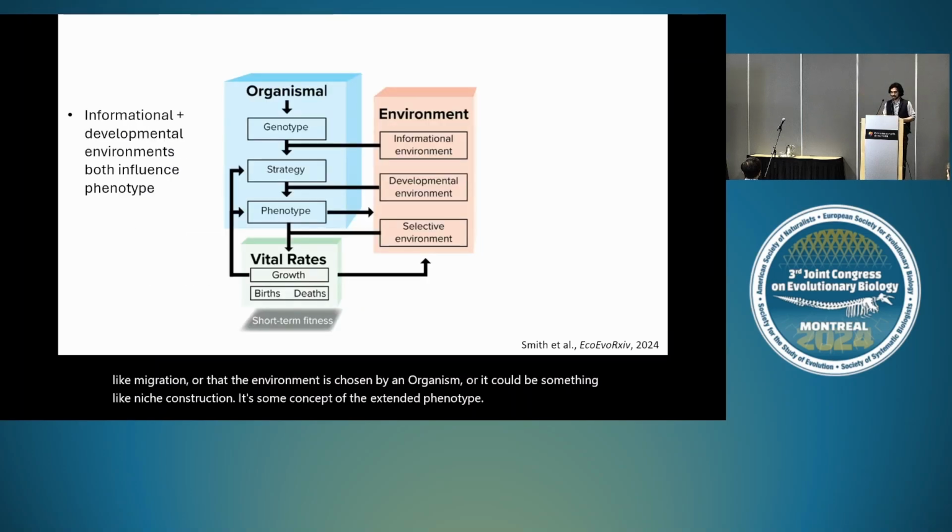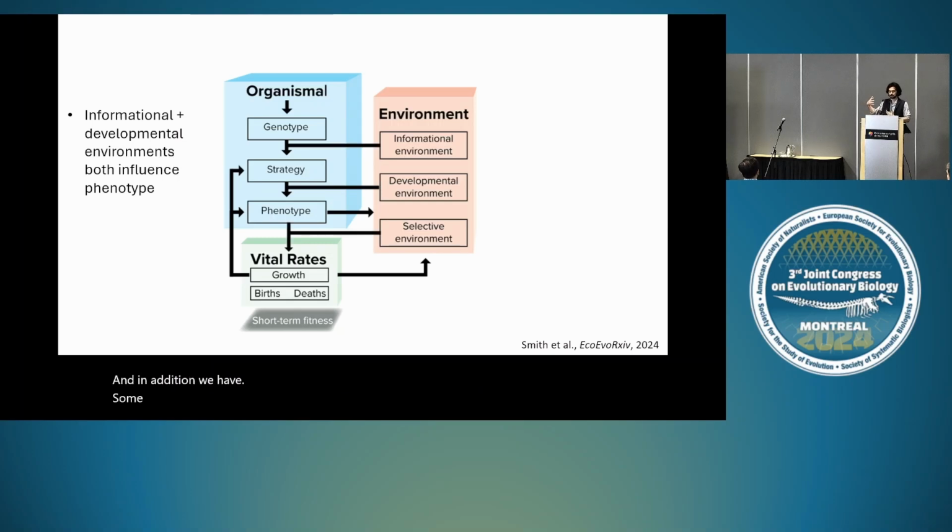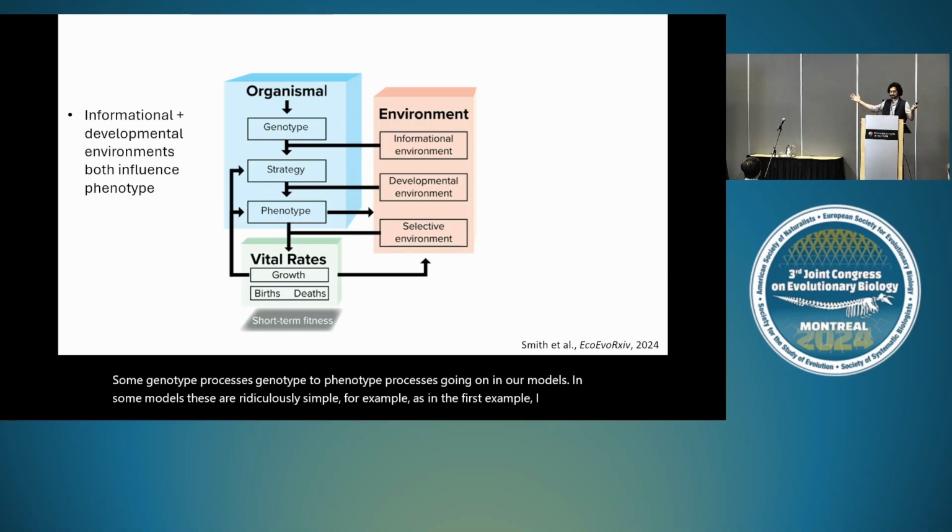And in addition, we have some genotype to phenotype processes going on in our models. In some models, these are ridiculously simple. For example, as in the first example I gave, you can simply collapse everything in the environment and the organismal phases just to a phenotype that gives a particular birth rate. That's like the simplest model you could do.